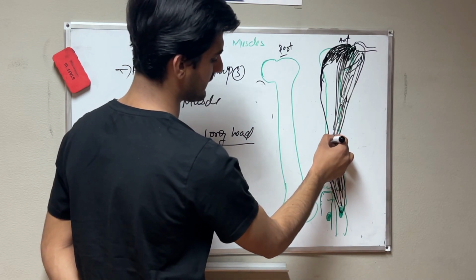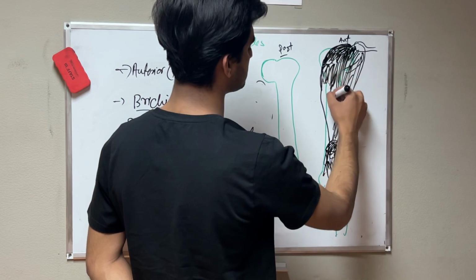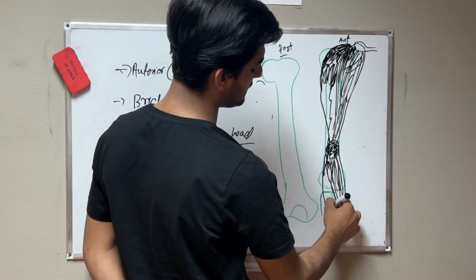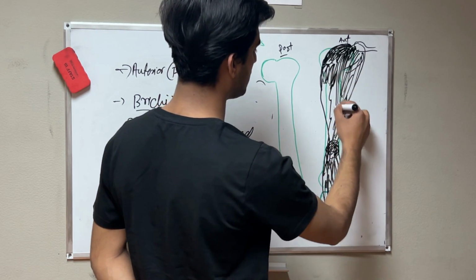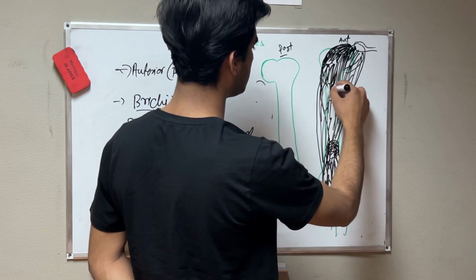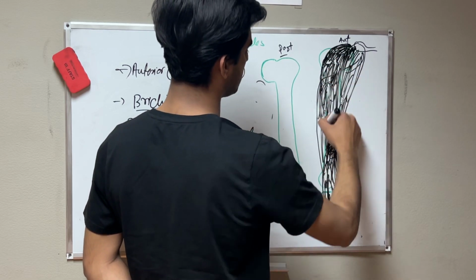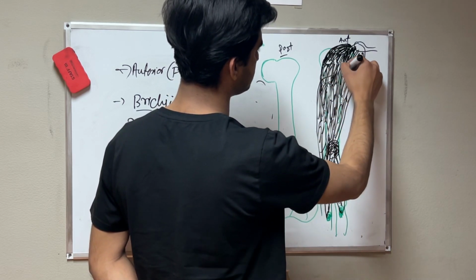This insertion is into the radial tuberosity. This is the whole biceps brachii muscle, with its big bellies.